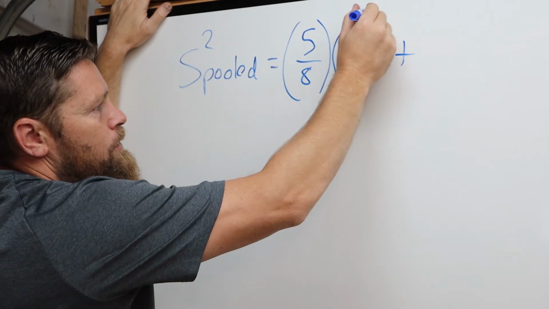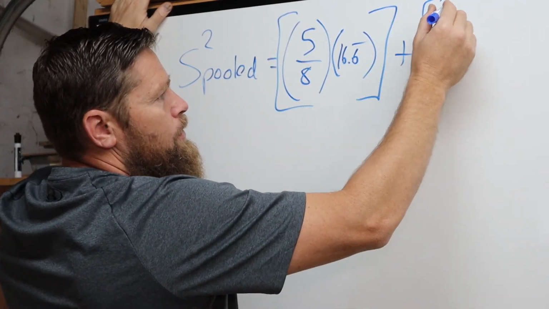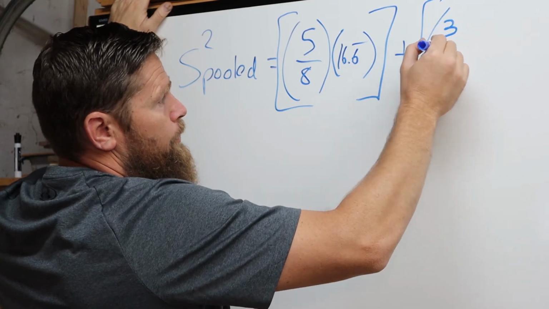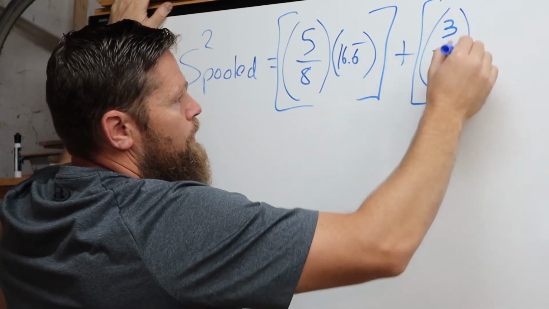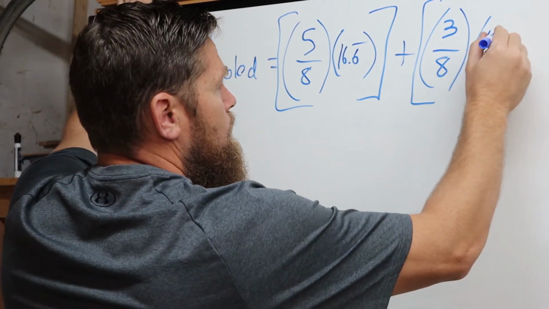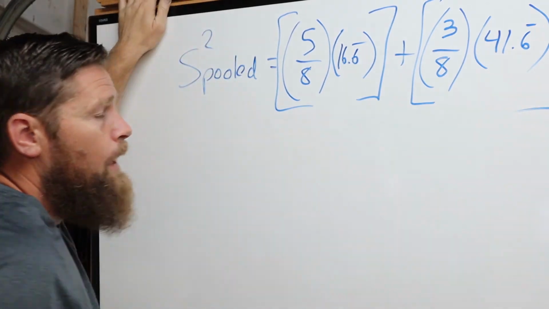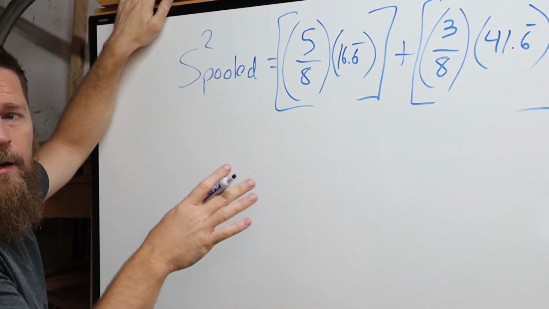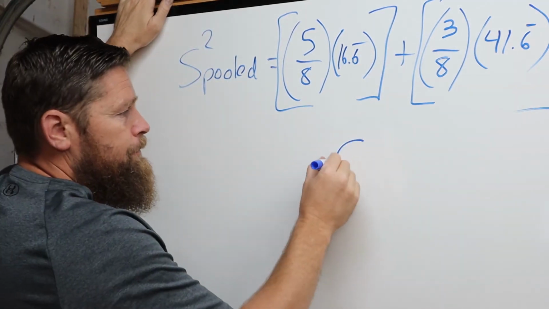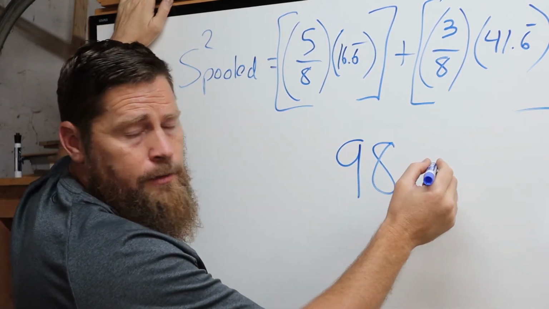Plus the degrees of freedom for group 2, 3, divided by the degrees of freedom total, times 41.6. And when we do all that, what we find is S2 pooled is equal to 98.95.